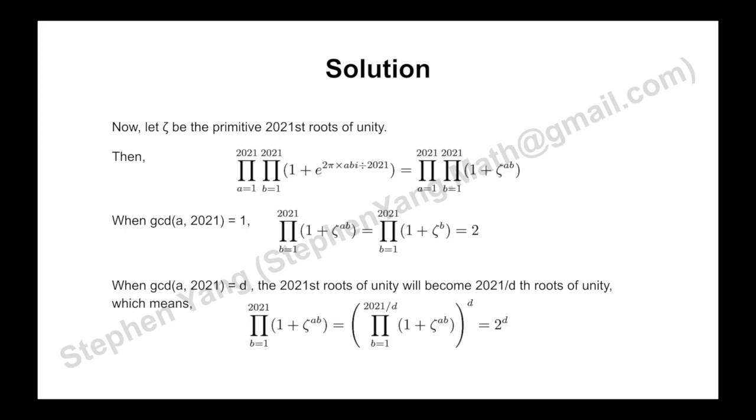However, when GCD of a and 2021 is equal to d and is not equal to 1, the 2021st roots of unity will then become 2021 divided by d roots of unity, which means the product for b equals 1 to 2021 of (1 plus zeta to the ab) is equal to the product for b equals 1 to 2021 divided by d of (1 plus zeta to the ab), all to the d's power, and that is equal to 2 to the d's power.